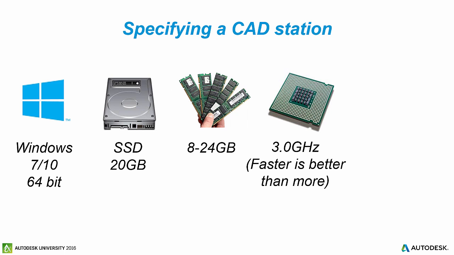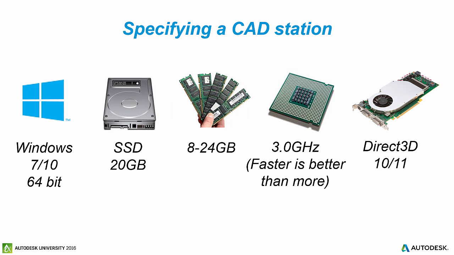So if you want your CAD software to run faster, you need a faster CPU. So in terms of our processor, faster is better. Multiple cores is not a problem, but I would always put a faster processor ahead of multiple cores, unless you're building a render station, which is a slightly different thing.